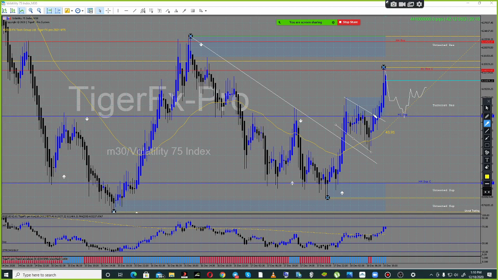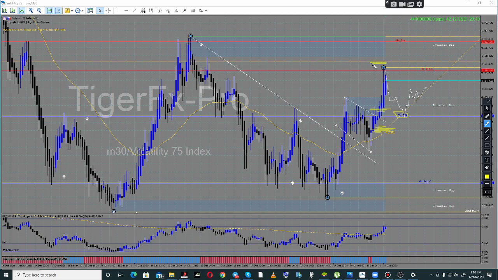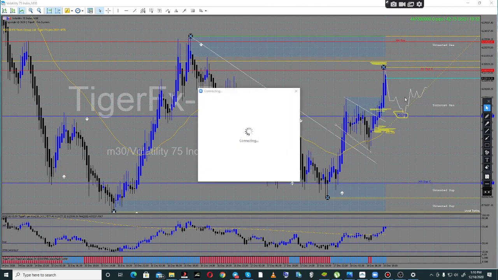Once it breaks the flag pattern and a candle closes above it, this becomes support. It's my entry. I put my stop loss below there, and my take profit must be double my stop loss, so it will be somewhere around here. Do you understand it, guys?